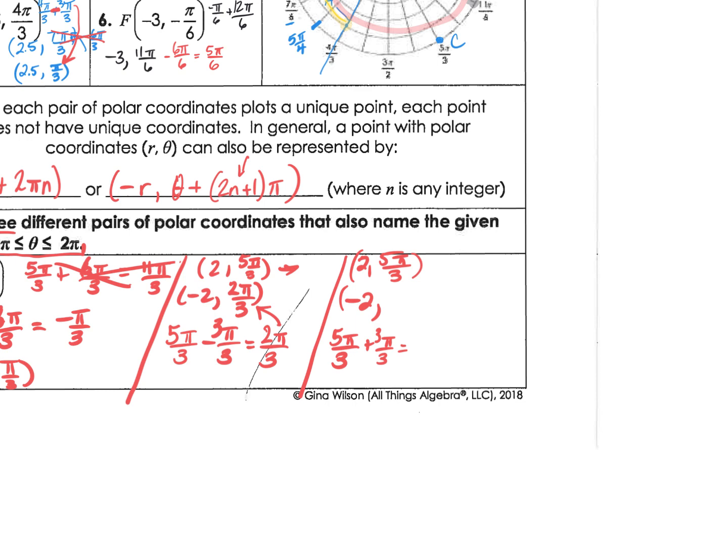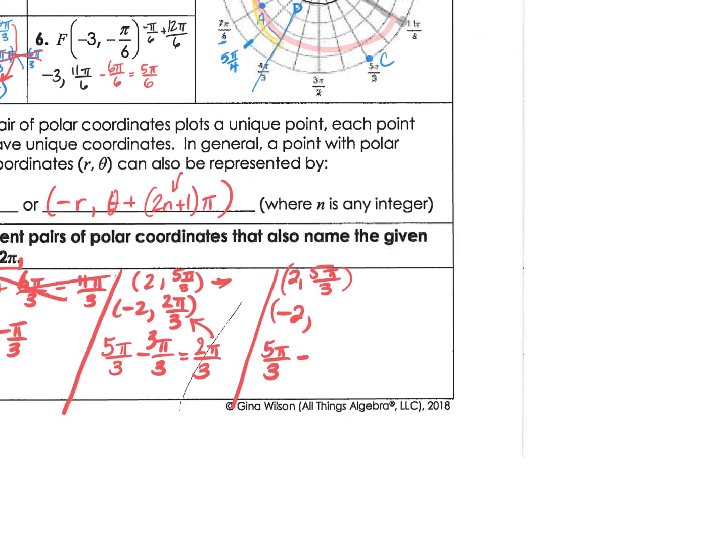So what I have to do instead is subtract again. But I can't subtract pi. I already subtracted pi, so now I've got to do odd multiples. Instead of 1 pi, I can't do 2 pi, I have to do odd multiples of pi. That's what this means.